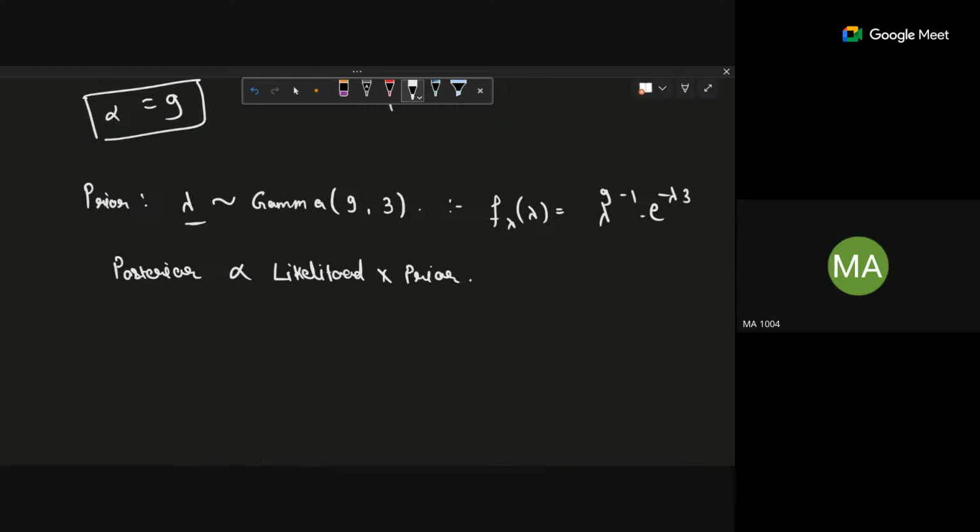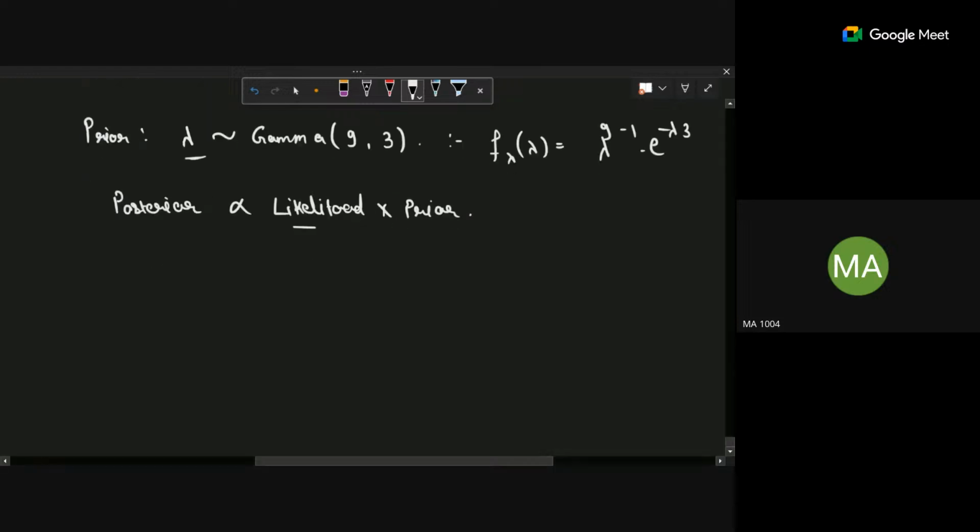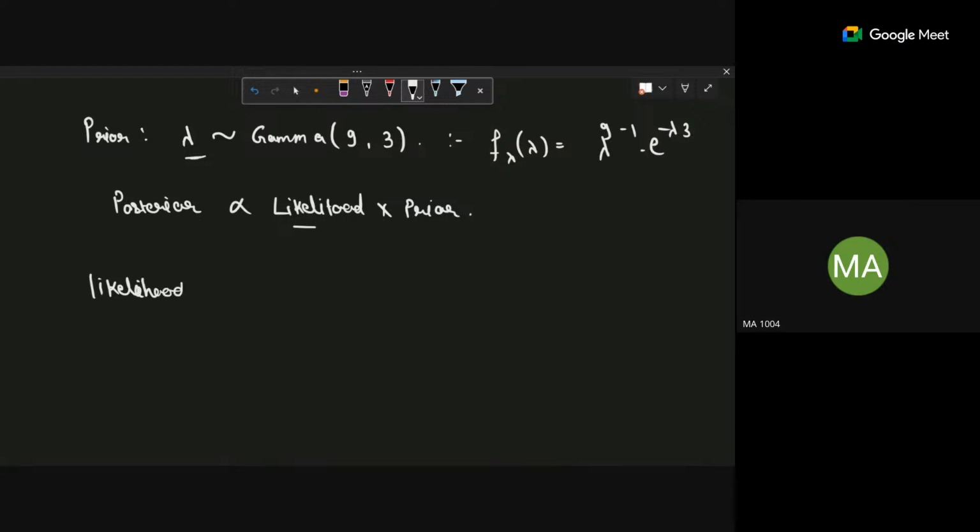What about the likelihood distribution? Is there any information given there? It will be a product over the samples, but what are the samples following? The Xi's follow a Poisson distribution with lambda.